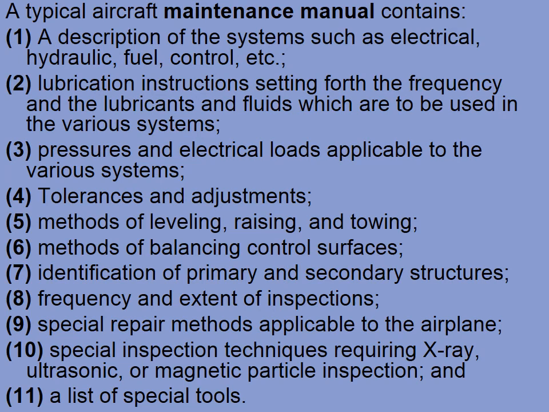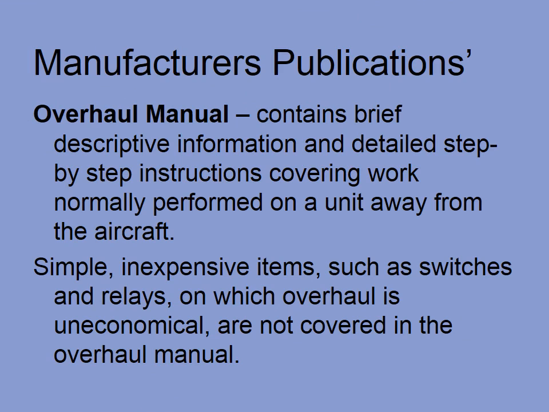On this slide, you can see some of the various items that would be contained in a manufacturer service manual. Overhaul manuals are available for aircraft components such as the engine, magnetos, starters, and alternators.